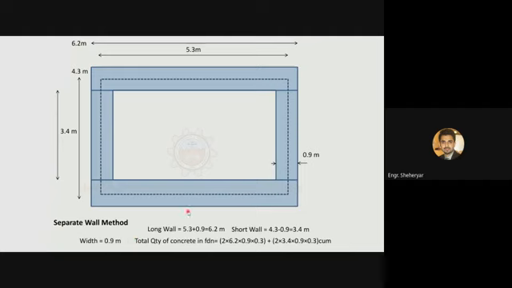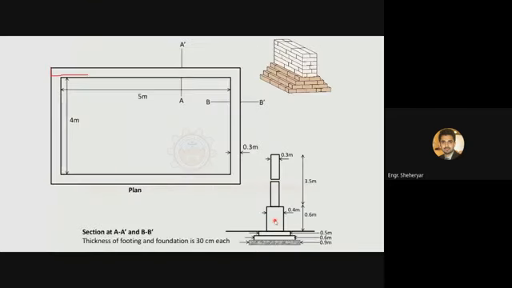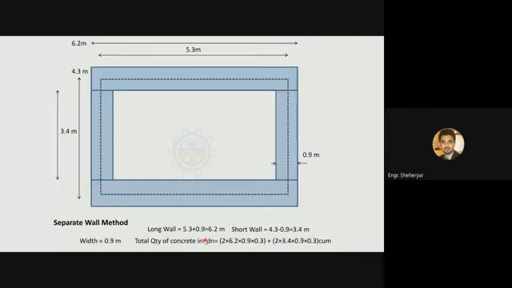So what will be the quantity of material at this level, which has a width of 0.9 meters? Thickness is shown here as 30 centimeter. I mean by thickness the height of this level or this layer.